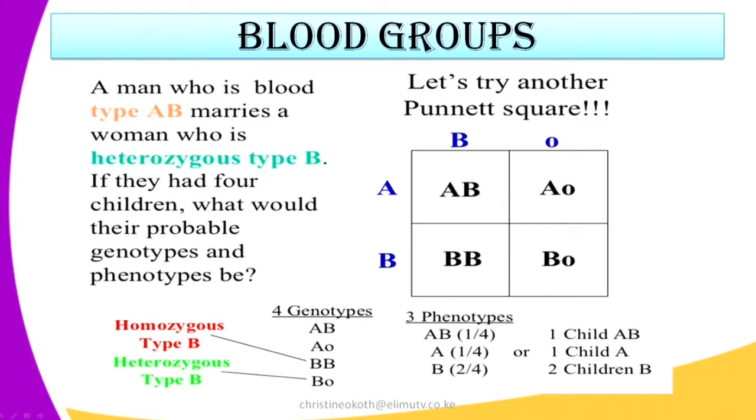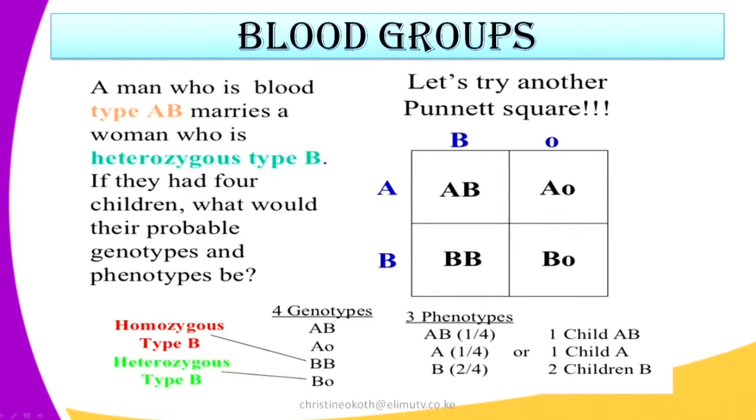When you cross over, the first offspring is going to be AB, followed by the second one, who is AO. The third offspring is going to be BB, and the fourth one, BO. So we have 4 different genotypes. We have blood group AB, we have AO, we have BB, and we have BO.